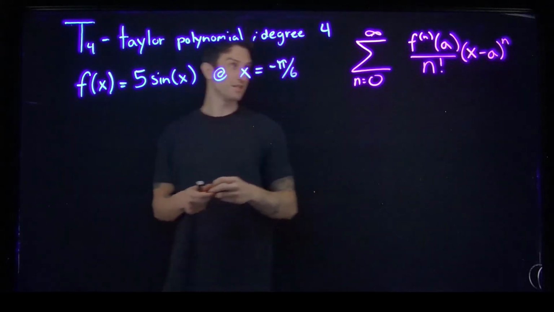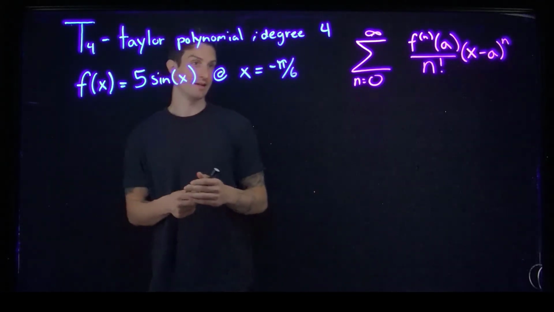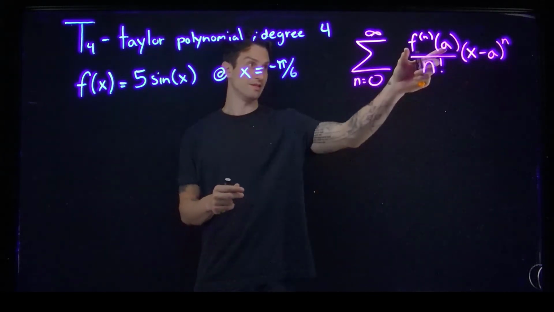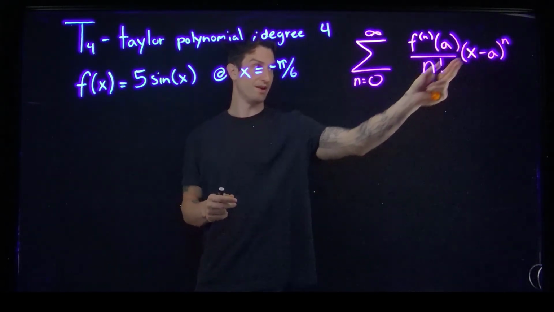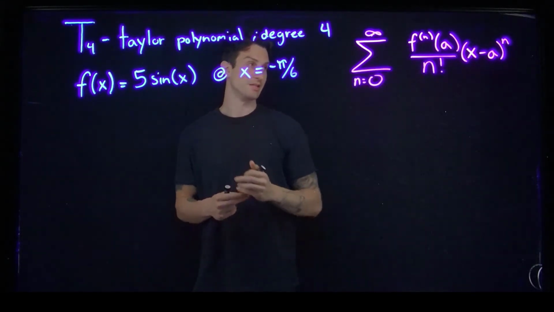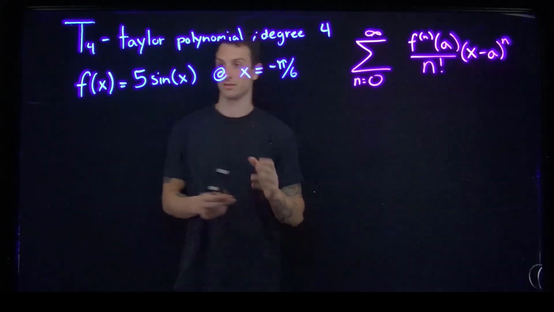We just need to go through each piece here. First we're just going to plug in 0. We need the 0th derivative. We plug in 0 factorial, which is equal to 1, by the way, and it's going to be to the 0th power. Okay, so let's see what happens.